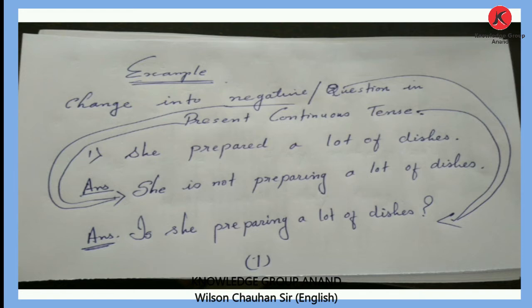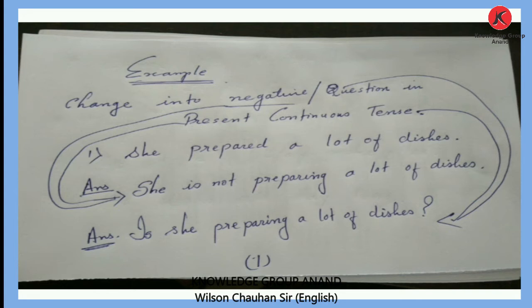Did you understand, dear friends? The question is in simple past tense, but we are asked to change it into present continuous tense, and that too a negative sentence. The same sentence can also be changed into a question, as asked in the instructions. So now let us make it into a question. The second answer is: is she preparing a lot of dishes?